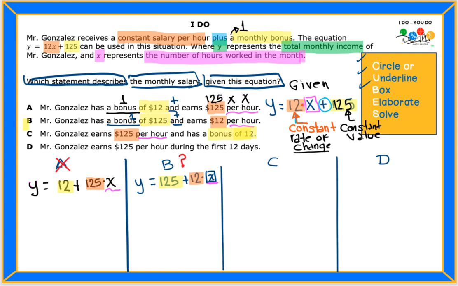So for choice C, the equation will look like this. Y equals 125 per hour that we represent with a variable. That's the 125 is gonna multiply the number of hours. And the bonus is just one. So we add that value here. So this "and" means plus.